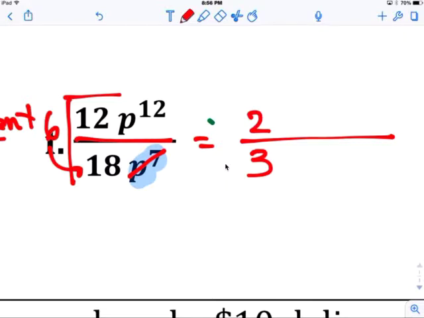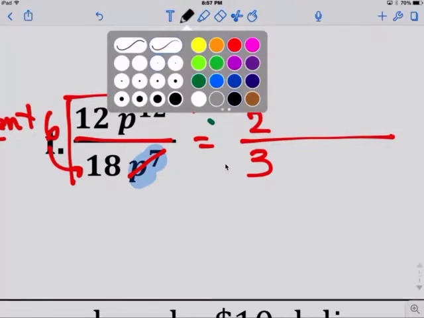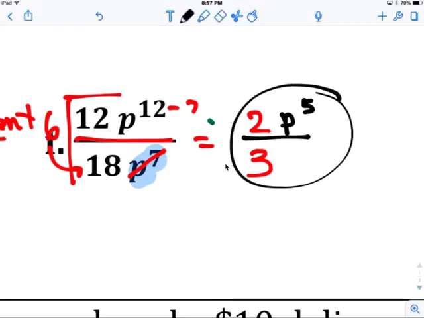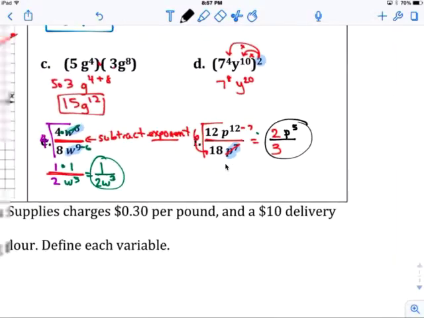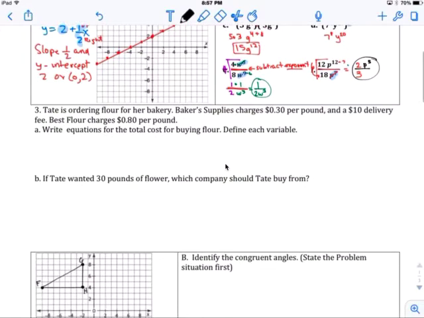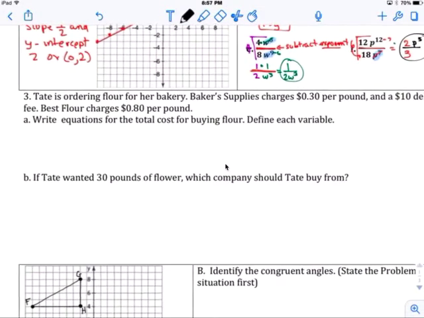You can do that. Minus 7. Take the exponent only, not the p. Then subtract. Your answer is p to the 5th power. Okay? That's it. Now make sure you know this because coming Monday, it'll be on your test.